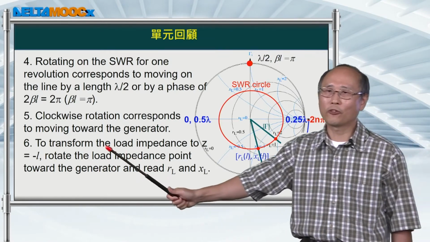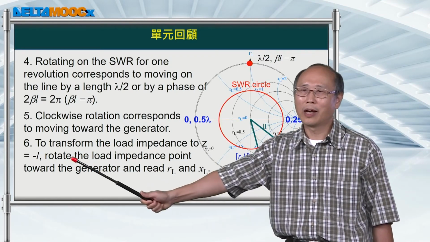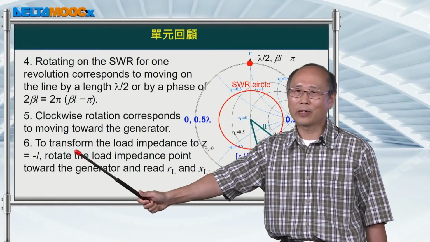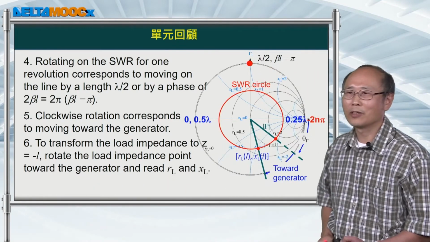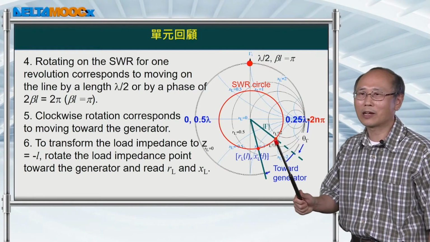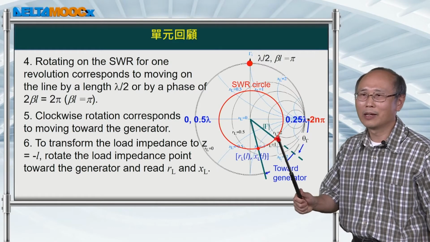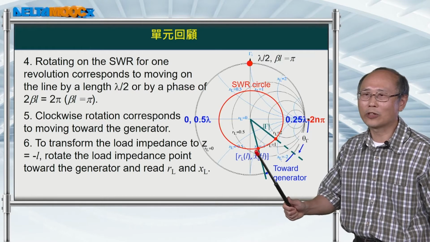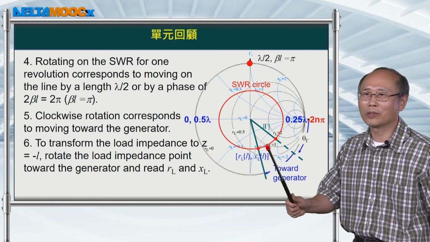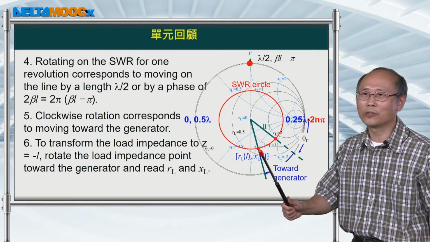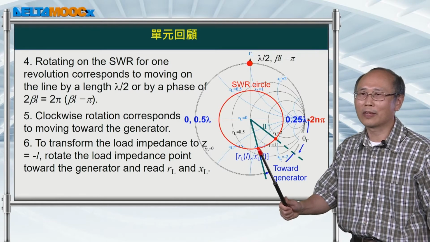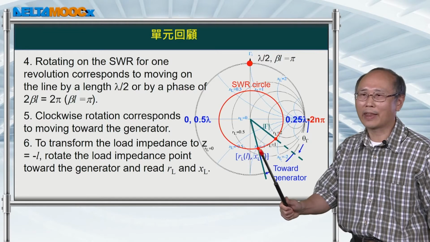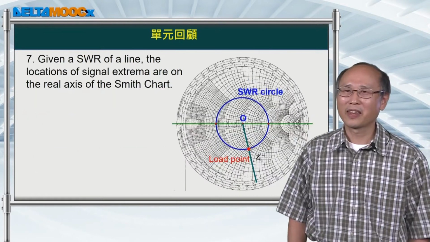If you want to transform the load impedance to some input impedance at a location of z equal to minus L, you rotate the load impedance point along this standing wave ratio circle by some length. Then you read the values of RL and XL to determine the input impedance at this point.